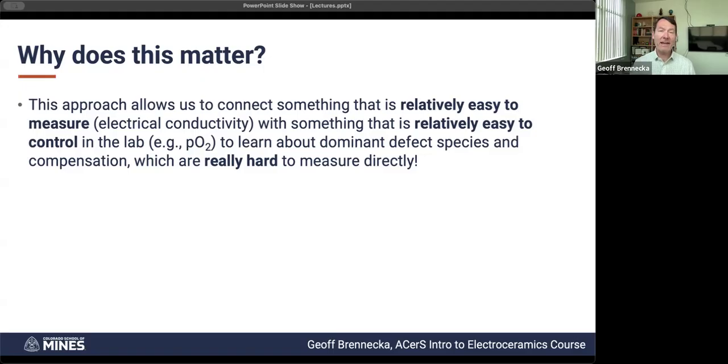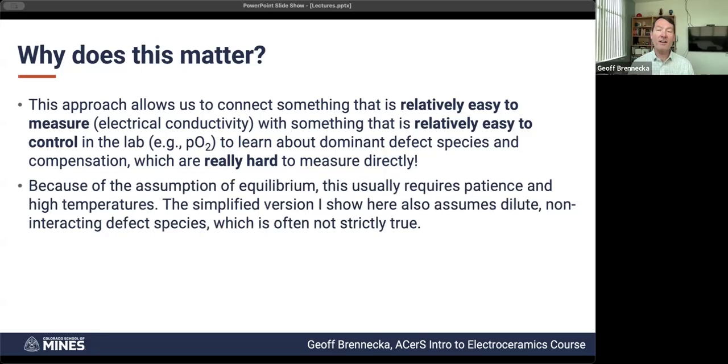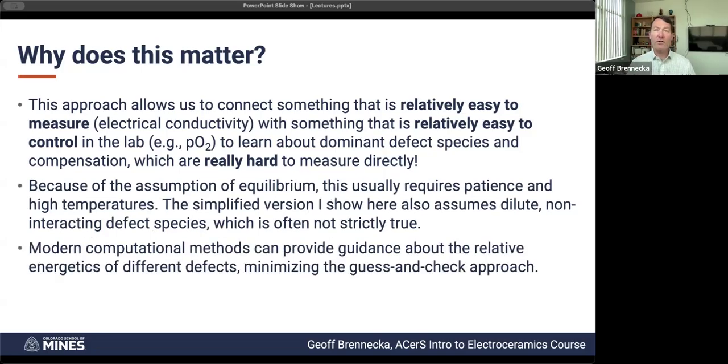And maybe you don't really care about the conductivity itself. The important part is that the conductivity is a proxy for whatever all those other defects are. So if we have a scenario where the number of electrons changes as a function of PO2, that is also going to tell us something about vacancies or interstitials or the other defects that are involved.